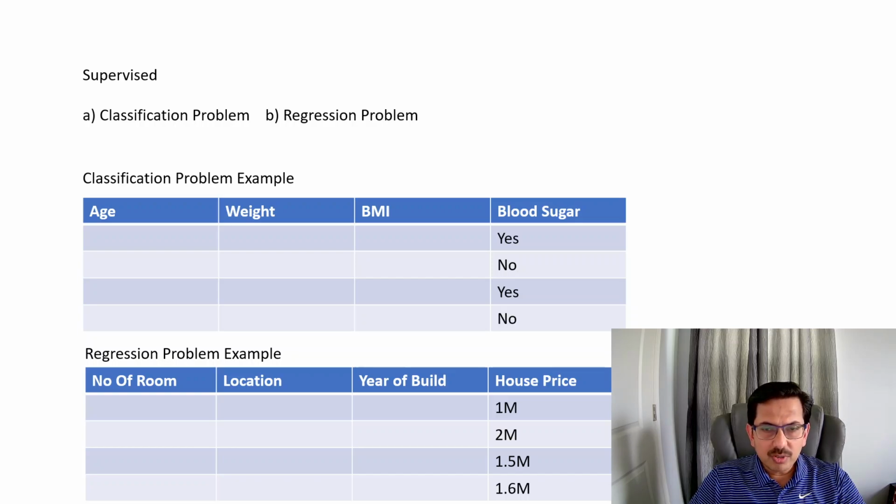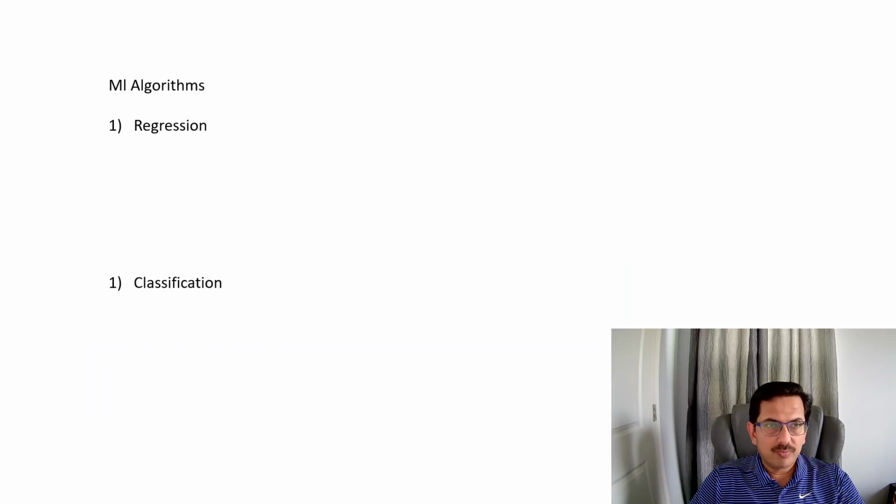For the regression problem example, we are arriving at continuous variable information, that is, what will be the house price based on independent features like number of rooms and location, because when these change, your house price will also change. So that's an example of a regression problem. Now, for each of these regression and classification problems, we have different algorithms, and we'll go through them in the next session.